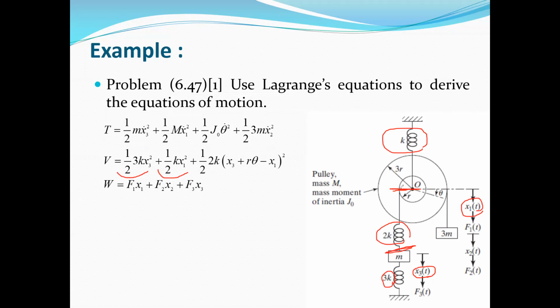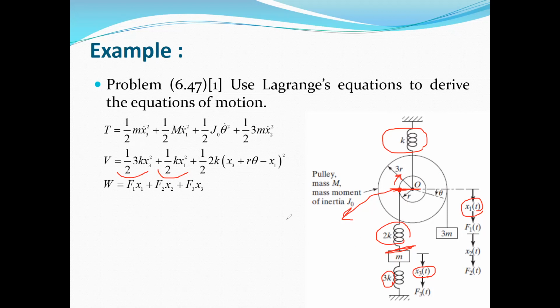Here this edge is moving with two different degrees of freedom. One is due to x1, this point will go down, and in fact x1 will push the spring. But we have another degree of freedom because this point at the same time is located on the pulley and is rotating in the clockwise direction due to theta, as you can see, and it's equal to r theta. Due to this rotation, this spring will be pulled, so we will have two pulls and one push.